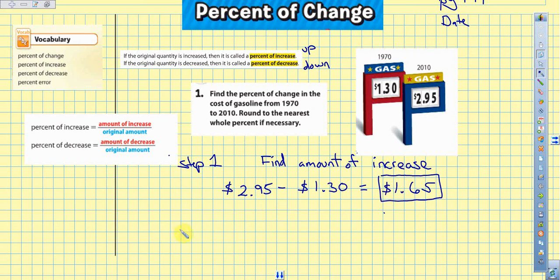Okay, so now step two, we're not done yet. Because we're trying to find the percent, this is the number value that it went up. So we're going to take the amount of increase, which is $1.65, and put it over the original amount, not the amount that it was in 2010, but where it started from. The original amount in this case was $1.30.